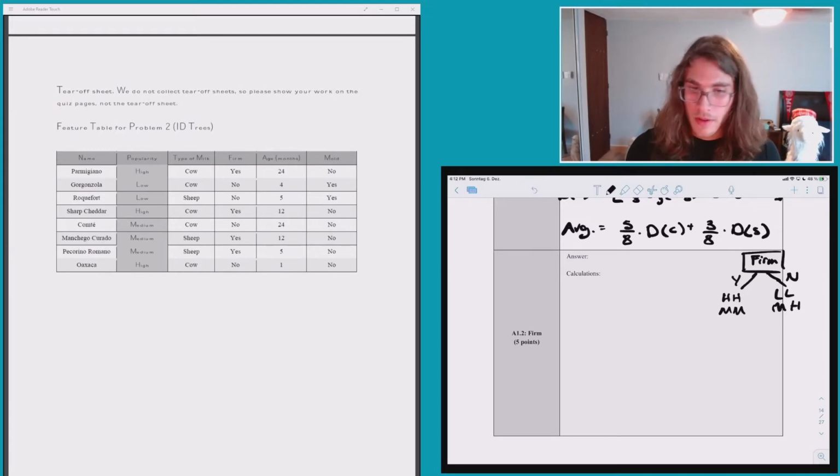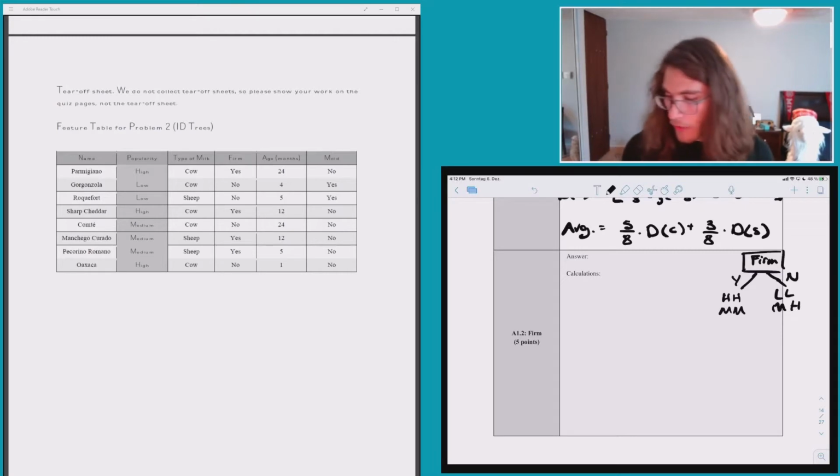Okay, and so normally I see such an arrangement. In the case of the yes column, I'm going to start with the yes column in calculating the disorder. When a branch is perfectly heterogeneous, so it's split half and half between 2 different classifications, then I know the disorder is 1.